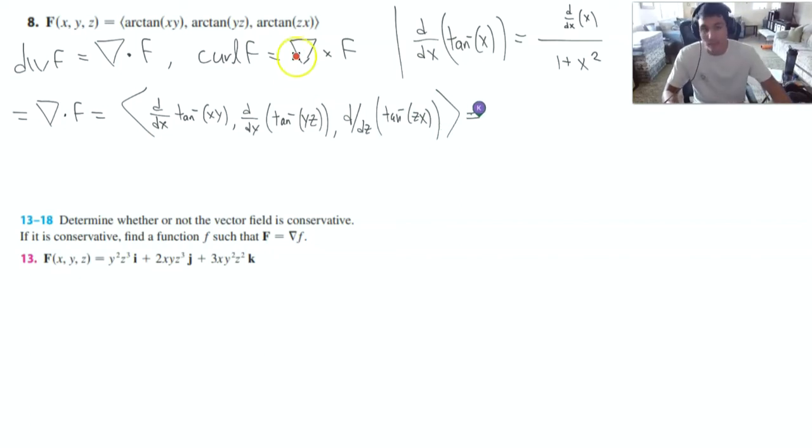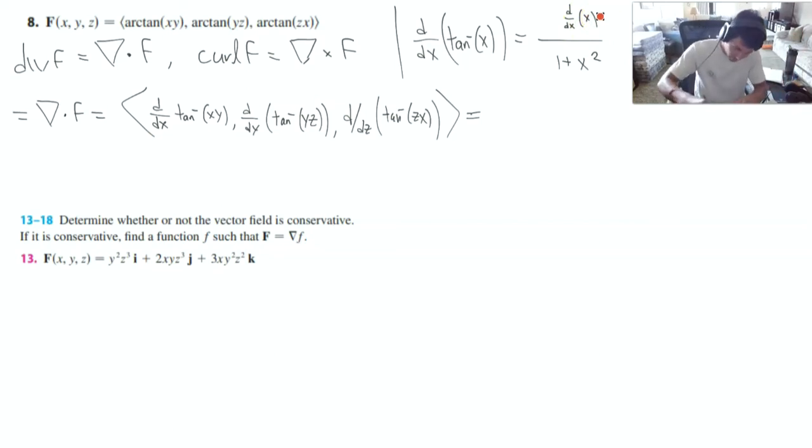Okay. So what does that stuff actually come out to? The derivative of tan inverse, where this is our inside, is a little bit of a chain, right? So up top we'll have something. If we take this with respect to x, it'll look something like this, but instead of d dx at the top, it'll be d dx of xy, and d dx of xy will just be y.